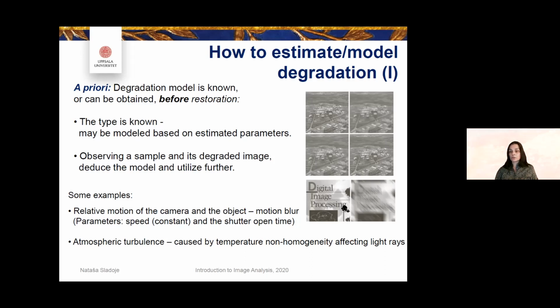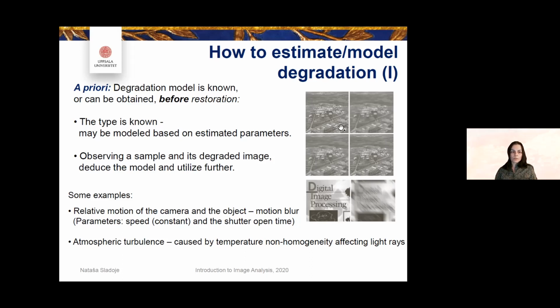For example, we know that here we have motion blur, and then from taking some images along the process, having some samples, or knowing something about the motion that was actually happening, we can derive enough parameters of this motion blur to be able to use it.